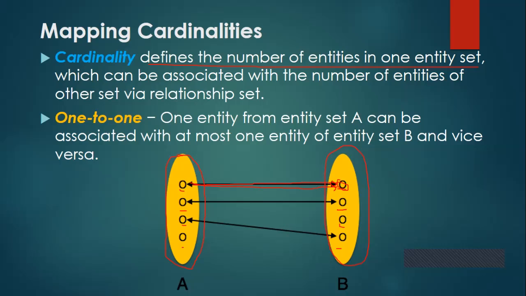One entity of entity set A is associated with one entity of entity set B, and vice versa, then it is called one to one.